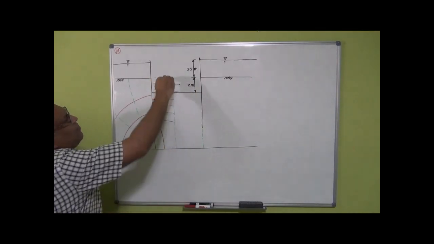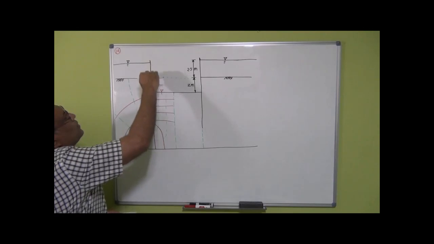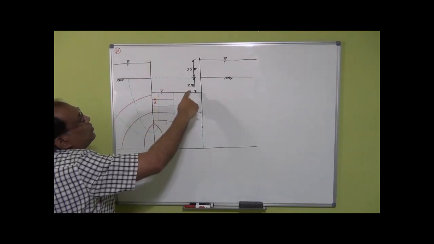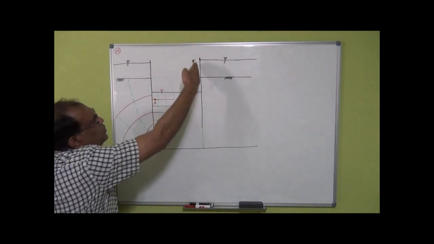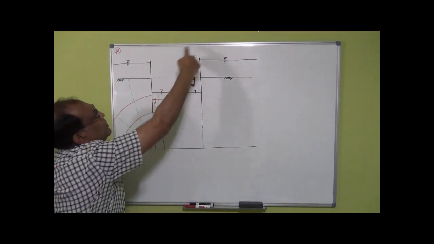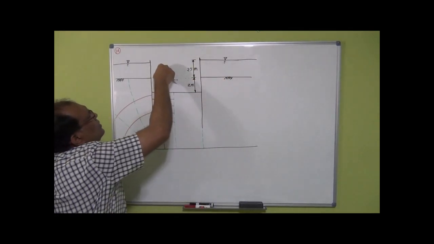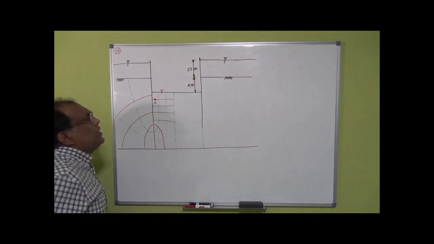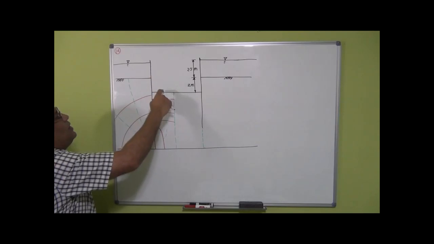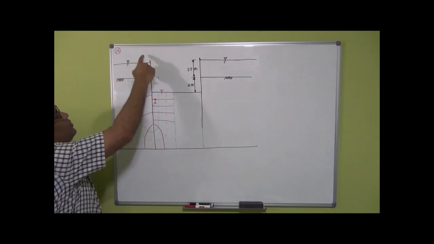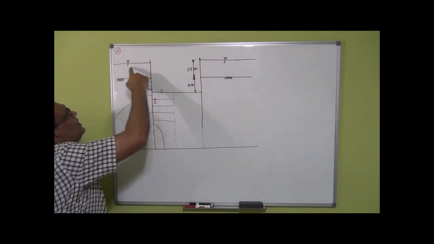Then we excavated that one here, and now we want to make, let's say, a foundation here. So what we are trying to do is put the sheet pile here and then pump the water out. So this is the current situation, that the water table is inside here and at the outside of the sheet pile is here.